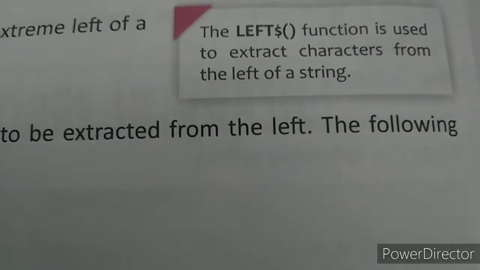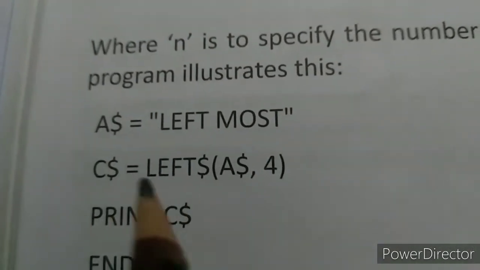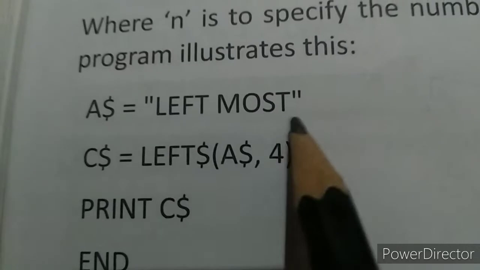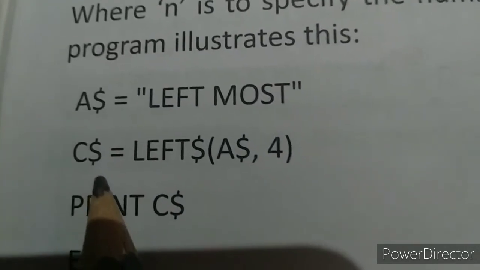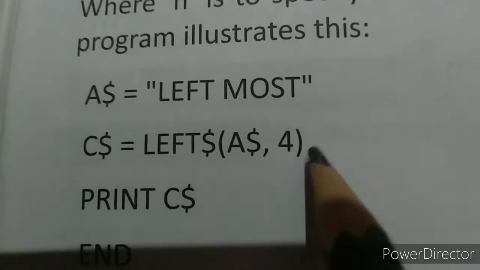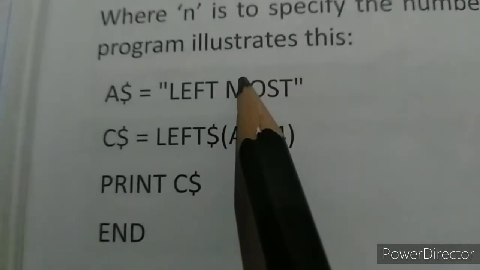The following program illustrates this. $A is equal to leftmost, $C is equal to left($A, 4), print $C.